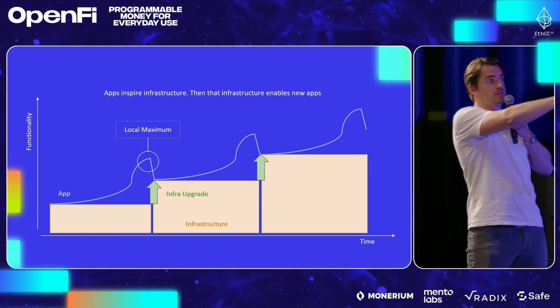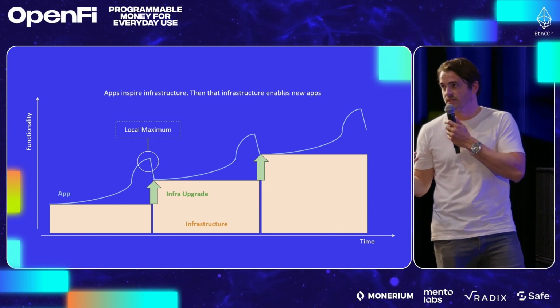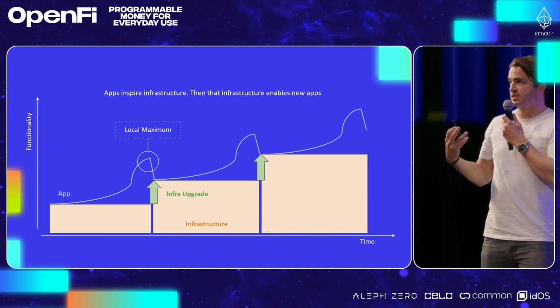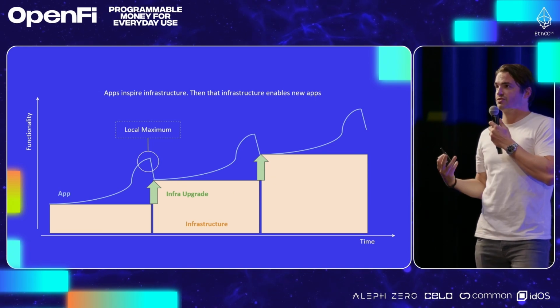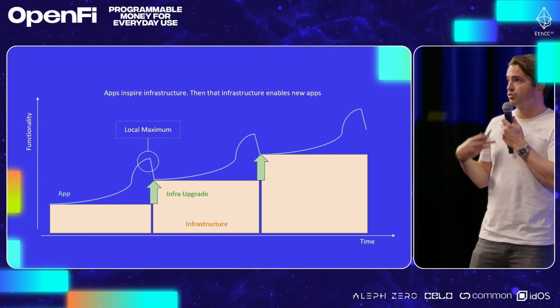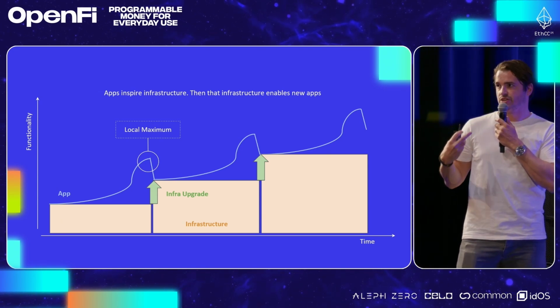So generally what happens is you have existing infrastructure on which applications are built until a point where you reach a local maximum. So this is a point where with the existing infrastructure, it's almost impossible to gain incremental functionality. So all the innovation is just shuffling things around, but there's no net innovation.